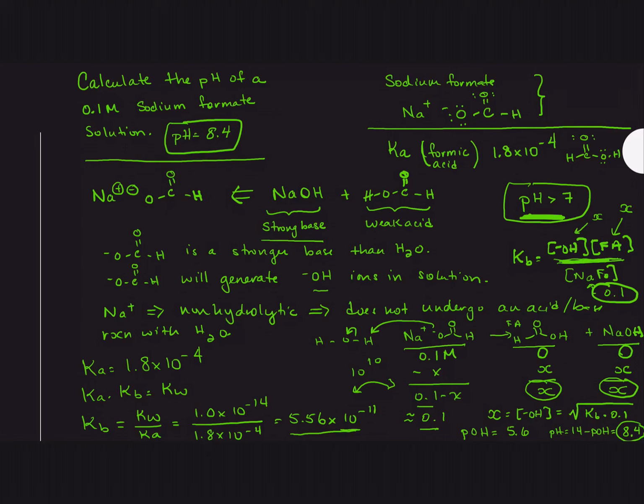And to recap, a key equation is the hydroxide ion concentration is approximately equal to the square root of Kb times the initial base concentration. I'm going to use an approximate sign to emphasize the fact that it's not exactly equal, but it will be close enough.